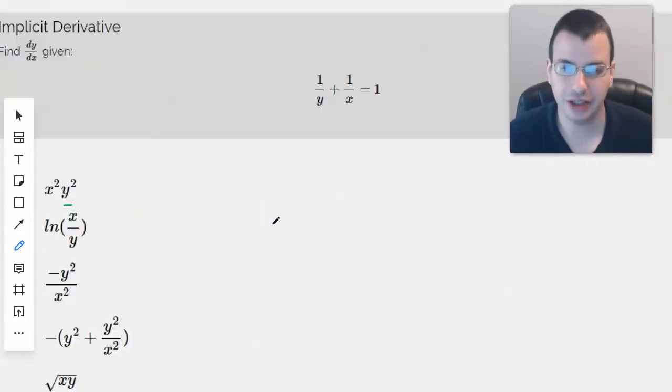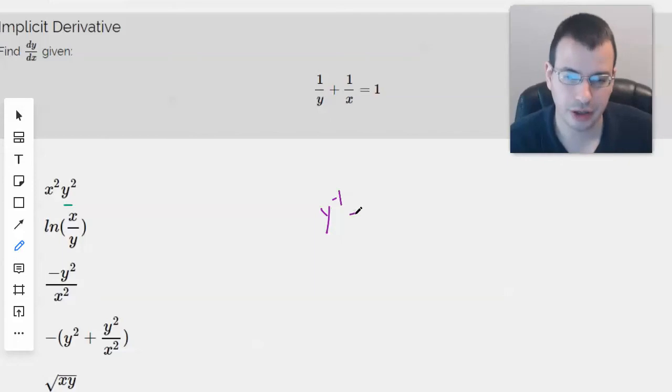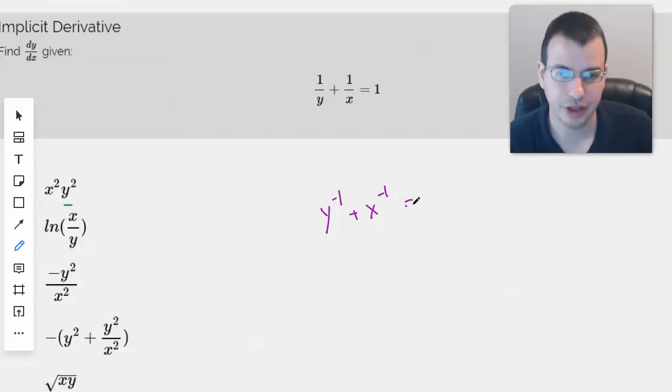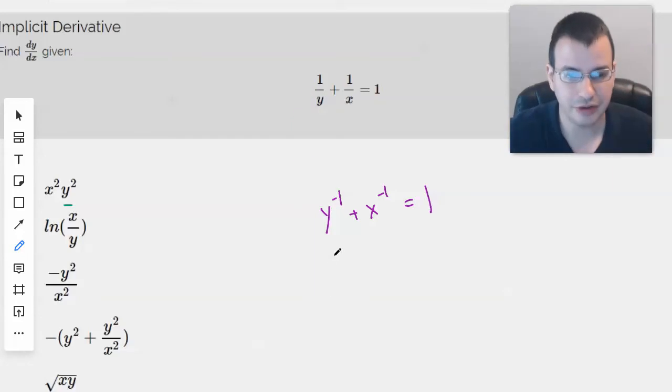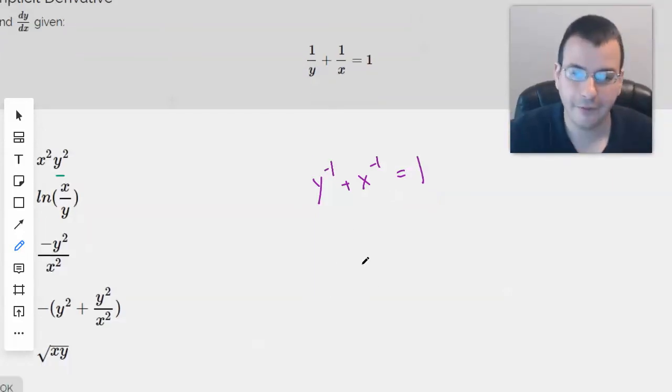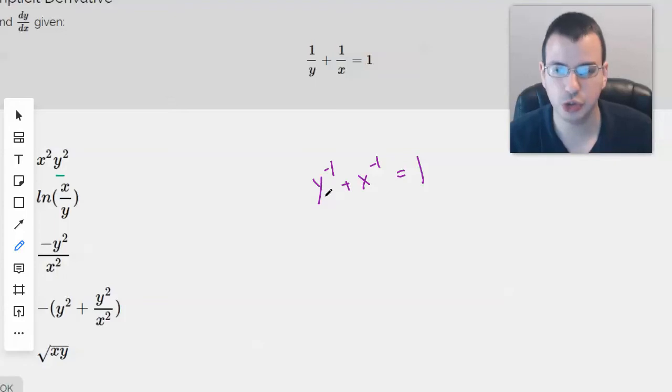So the way to look at this is we will rewrite this as y to the negative 1 plus x to the negative 1 equals 1. So to take the derivative of both sides, we'll take the derivative of everything with respect to x.